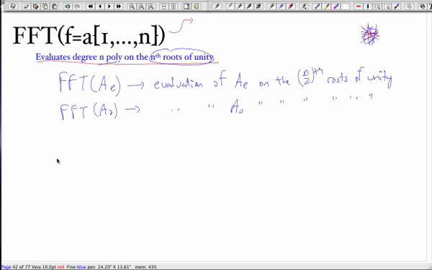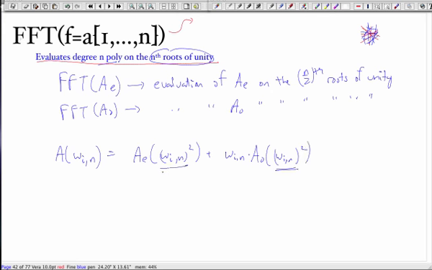Okay. And now, if we do A of omega i,n, that's going to be A even plus omega i,n times A odd, evaluated at omega i,n squared. But notice that these points right here, for all i equals 0 to n minus 1, these squares will be n over 2th roots of unity.